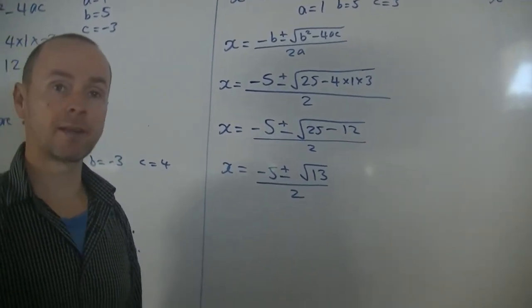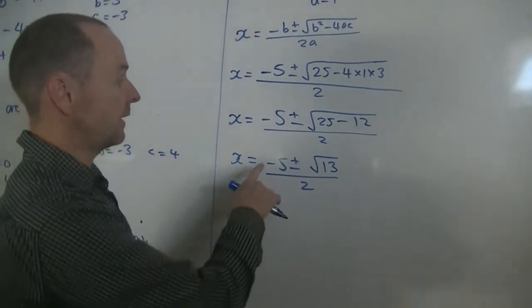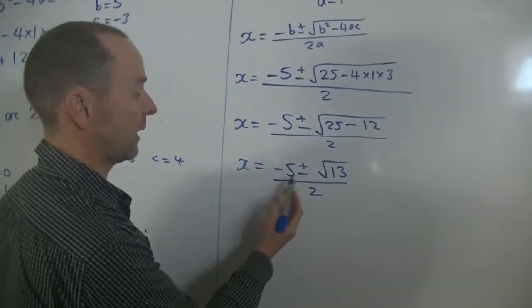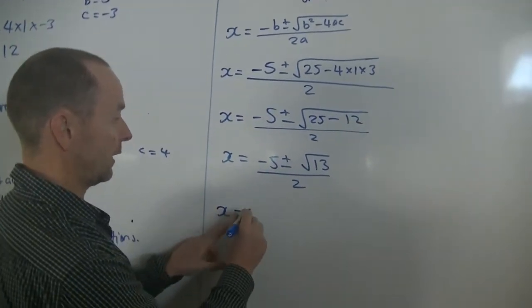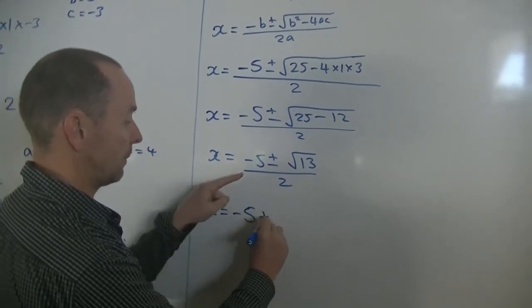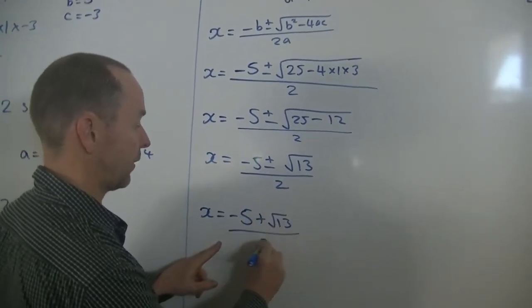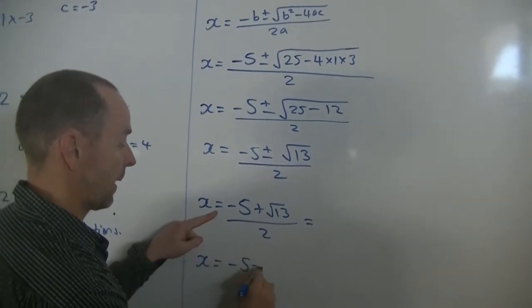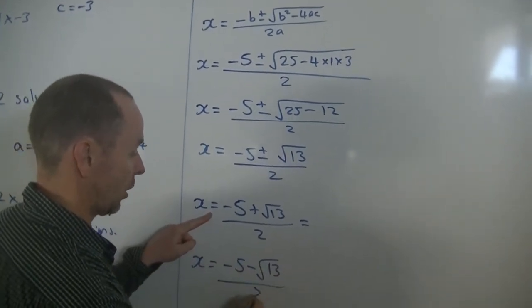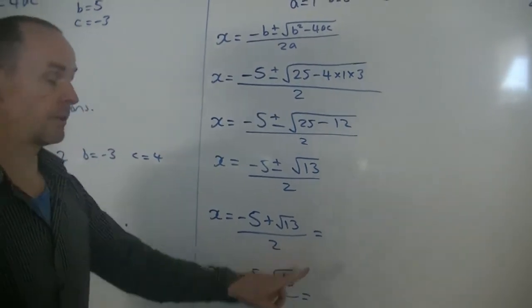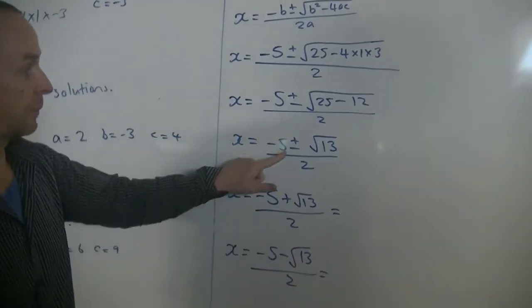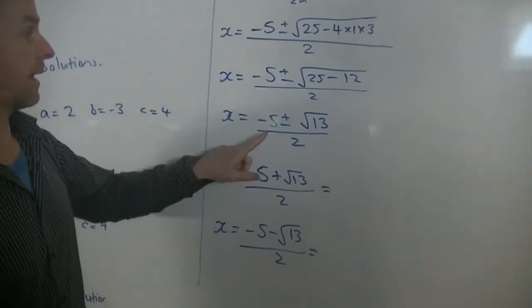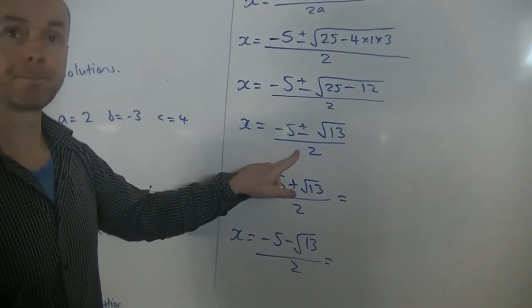If it said find the answer to 1 or 2 decimal places, then you put this into your calculator. Remember there's 2 answers. So really, in your calculator you put in minus 5 plus root 13 and then divide it by 2 and get an answer. And then you do the same, minus 5 minus root 13 over 2 and you get an answer. So there's 2 separate answers because it's plus or minus. But in exact form, you can just leave it like that.